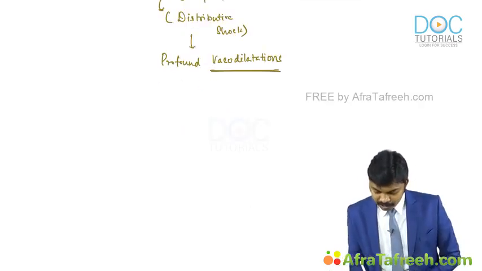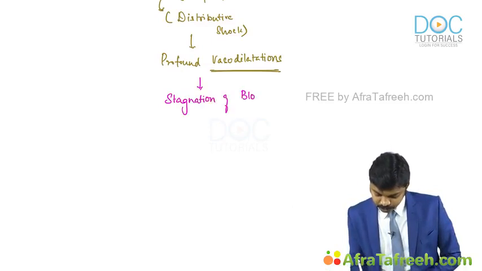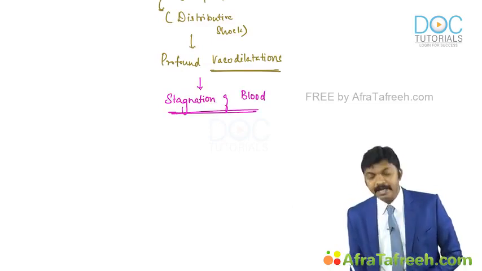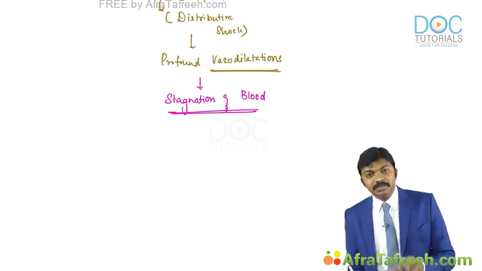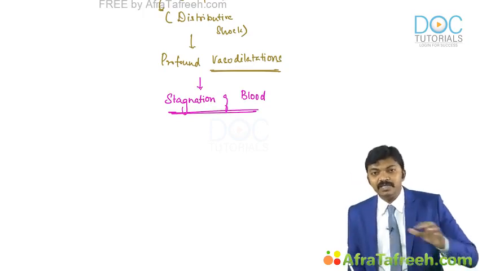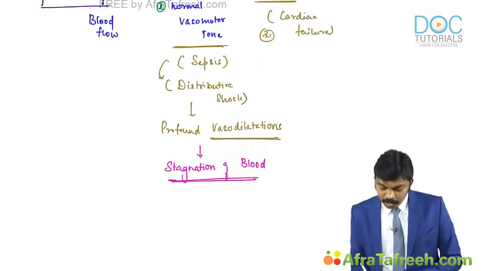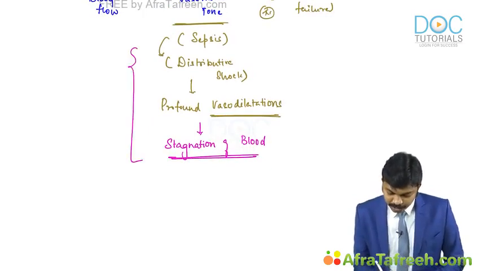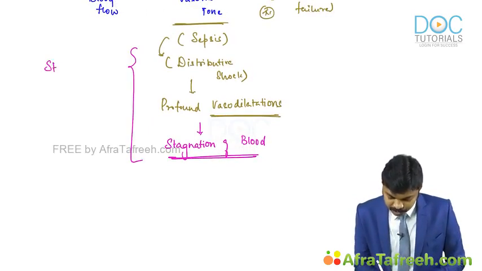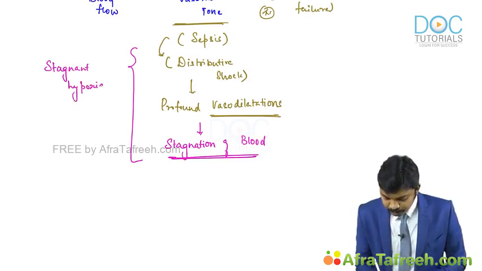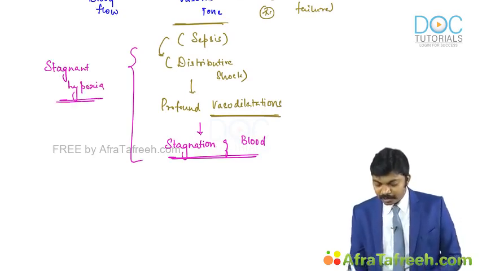Now this leads to stagnation of blood. As blood gets stagnated, the oxygen that is present in the blood does not reach the tissue level. Now, all these conditions will lead to a condition called stagnant hypoxia. Right? These are the mechanisms, doctors.